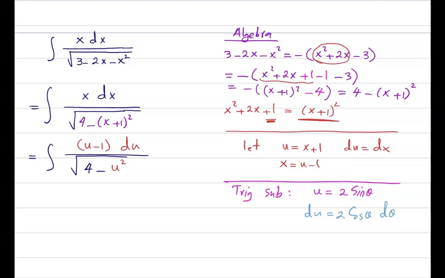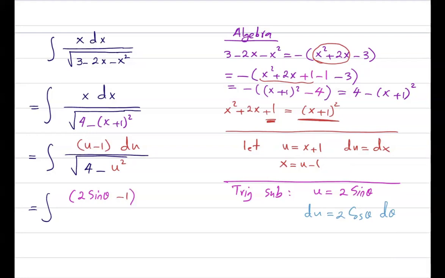So this integral can be written as the integral of, u is 2 sine theta, so let us copy this down: 2 sine theta minus 1. Let's close up the parenthesis.